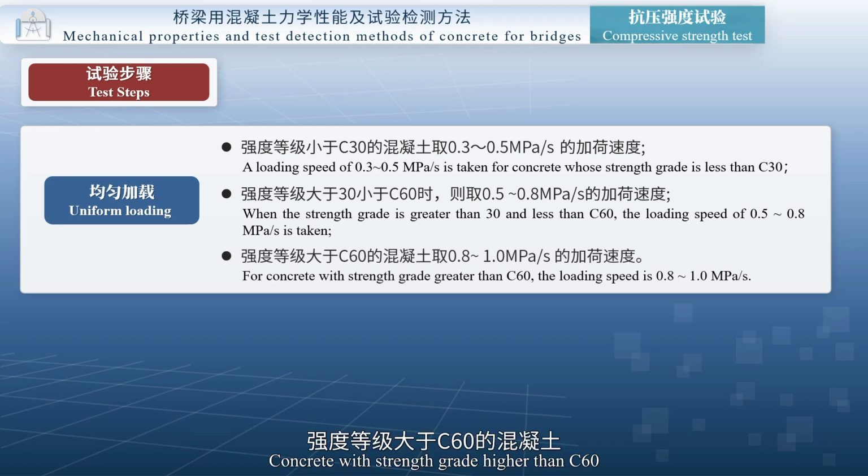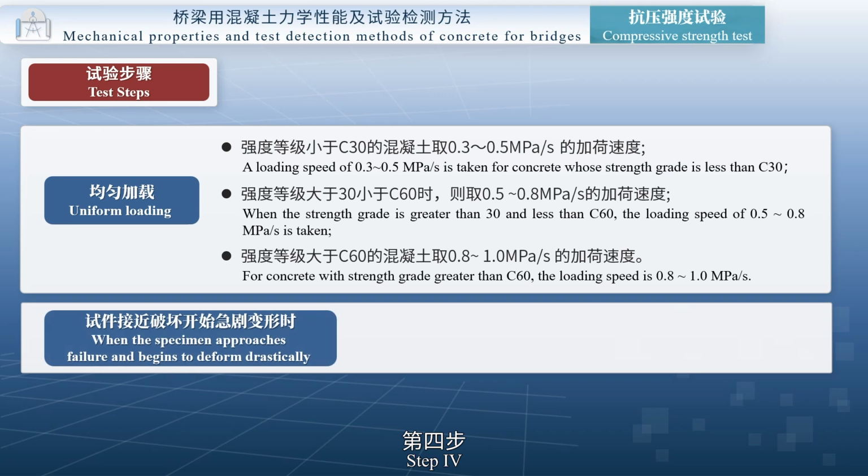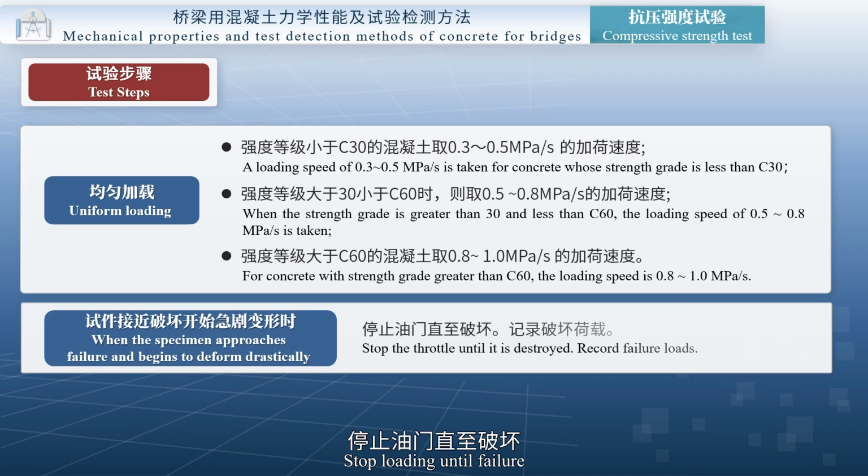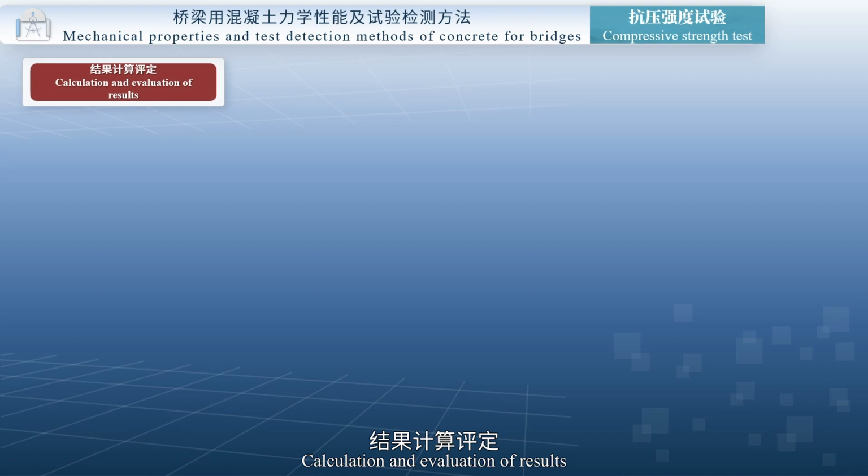For concrete with strength grade higher than C60, apply a loading rate of 0.8 to 1 megapascal/s. Step 4. When the specimen approaches failure and begins to deform drastically, stop adjusting the loading until failure. Record the failure load.